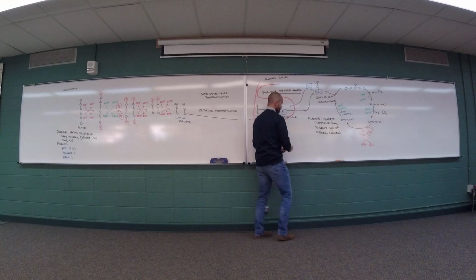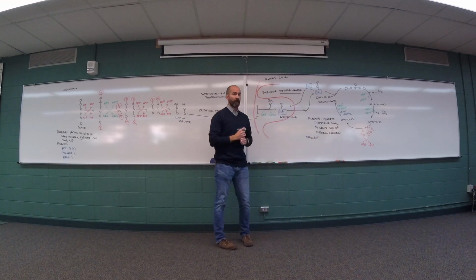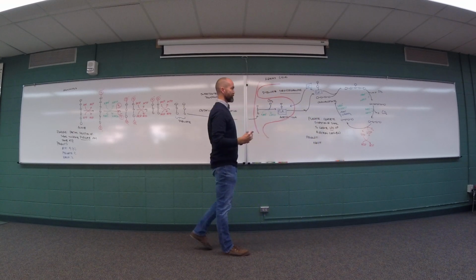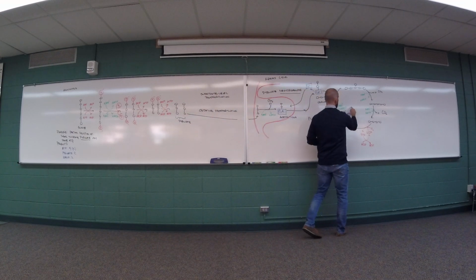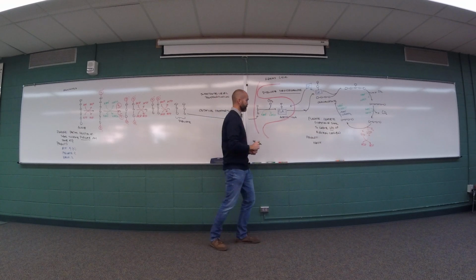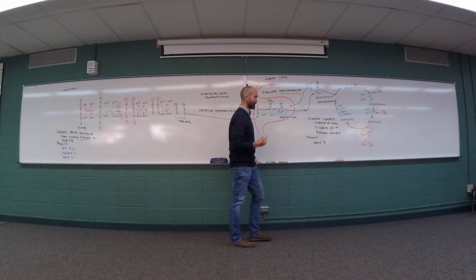Okay, so let's think about products now. What did we make? We made a bunch of NADH. And how many NADHs did we make? We made 3 right here: 1, 2, 3, and then 4 right there. So we made 4 NADHs. What else did we make?